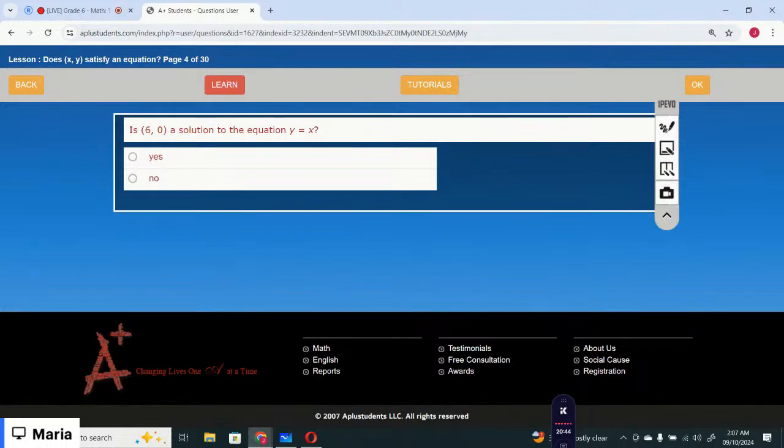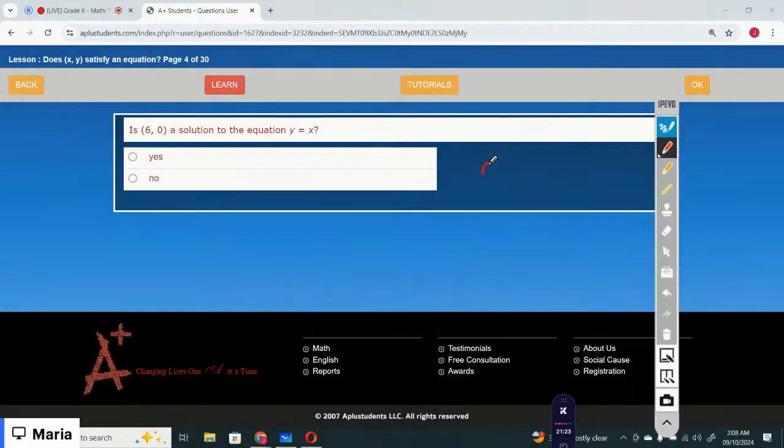Is 6, 0 a solution to the equation y equals x? Which is the correct option? y is equal to x, y is 0, x is 6.